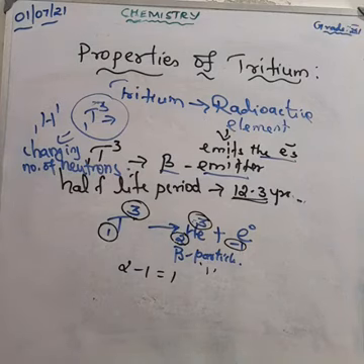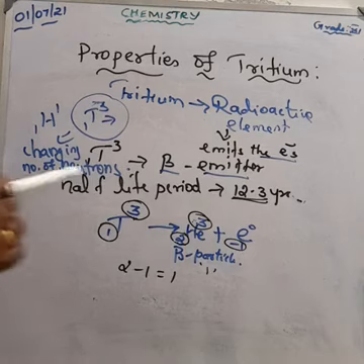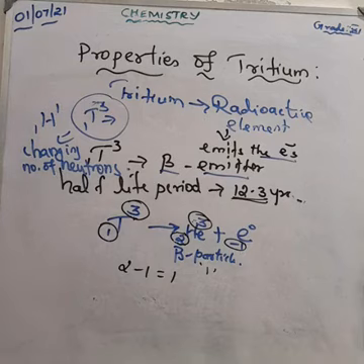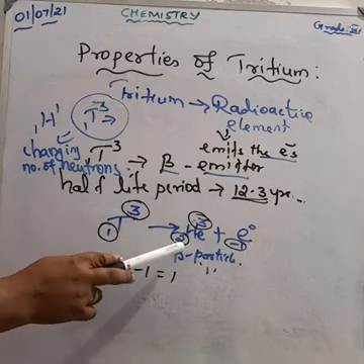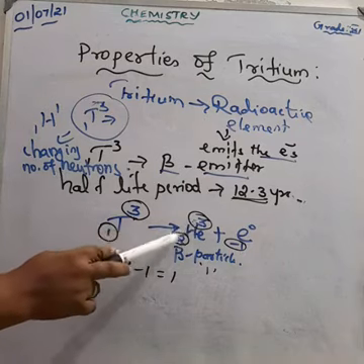This is the properties of tritium. Tritium is a radioactive element. It always emits radiation in the form of electrons, and it always emits the beta ray. It is a beta emitter. What is the half-life period of tritium? 12.3 years. So tritium 1T3 gives helium 2-3, atomic number 2, mass number 3.